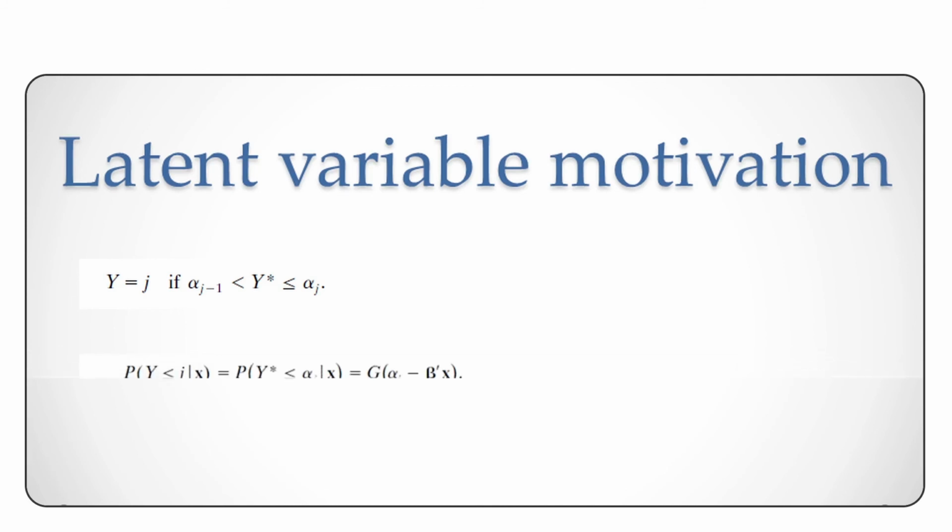We can then relate the two as probability y less than or equal to j given x is equal to the probability of y star less than or equal to alpha j given x, which is equal to g of alpha j minus beta prime x, where g is now the CDF of epsilon. As before, assuming that epsilon has a logistic distribution will lead to the proportional odds logistic model.